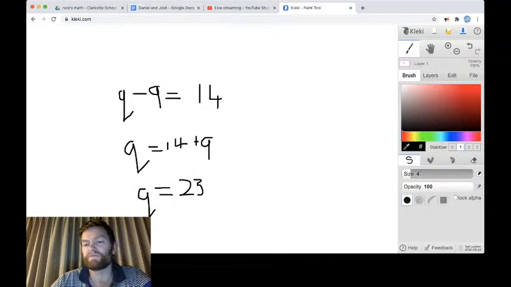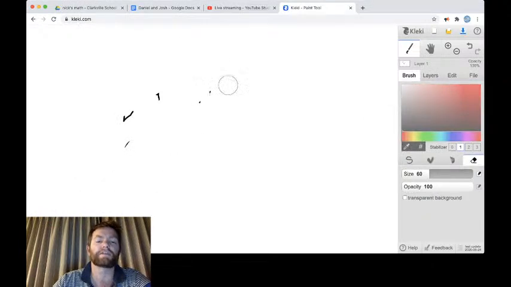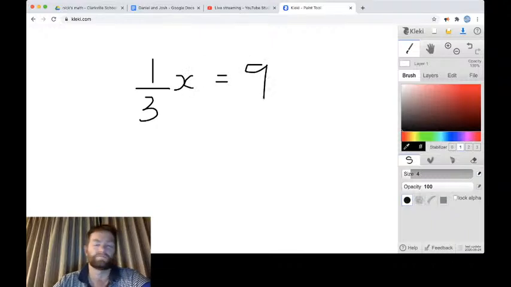The only thing that's even remotely tricky, which probably isn't in any of the questions that they give you, is this little thing here. 1/3 x equals 9. Well, 1/3 of a number, the opposite to getting 1/3 of this number, is 3 times the other side.